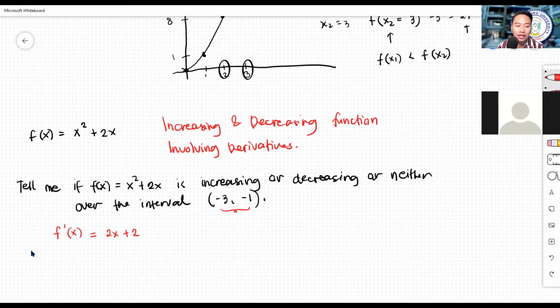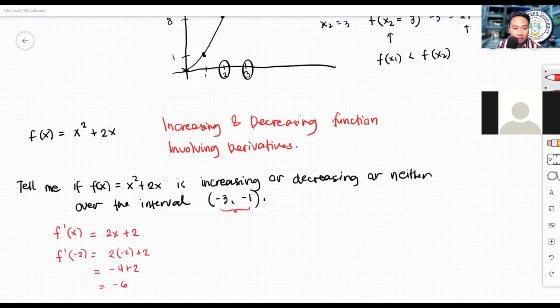So we're going to take a look at what is the value of the derivative function choosing a representation of -2. So we have 2 times -2 plus 2. This would give us -4 plus 2. We have -2.